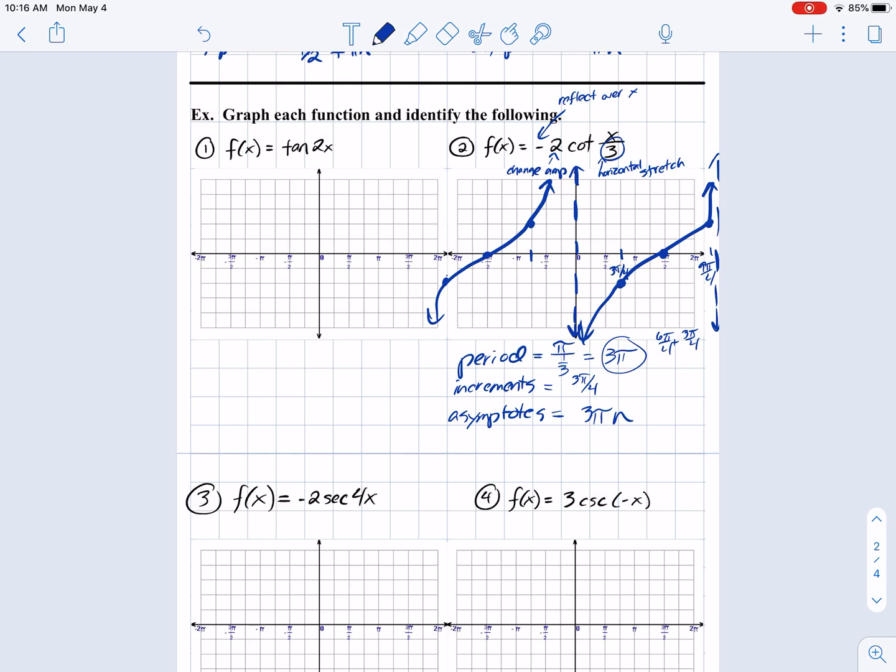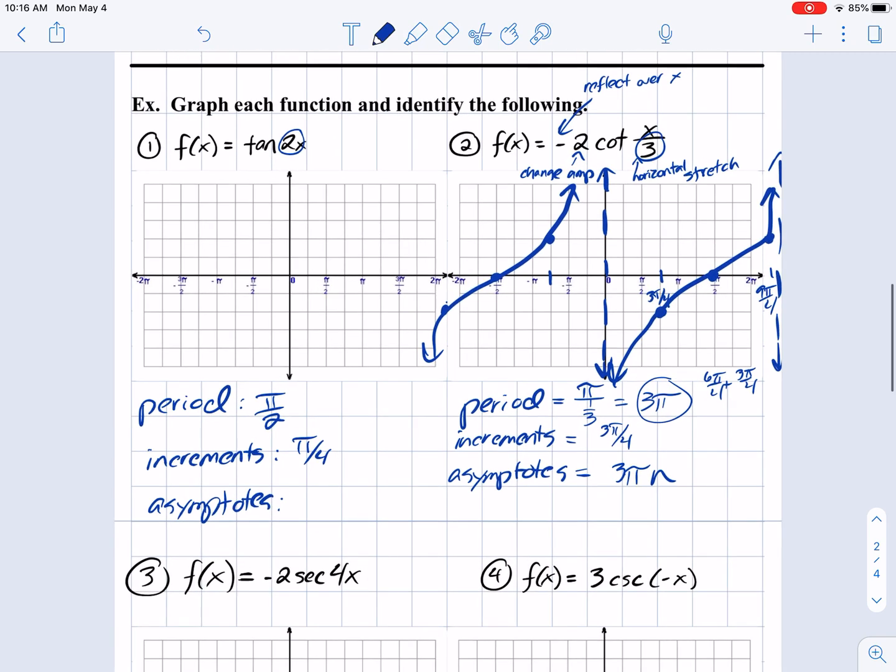Okay, for number 1, the period length should have been pi over 2, because this 2 in front is going to horizontally compress it. The increments were every pi over 4. And then it's tangent. We're going to list our asymptotes after we graph this function. But you remember for tangent, it always starts at the origin.